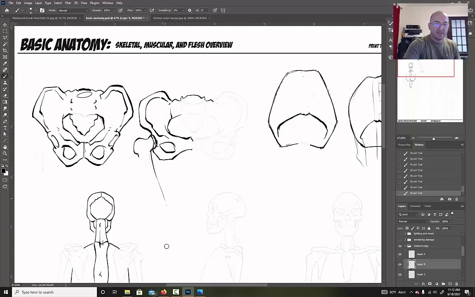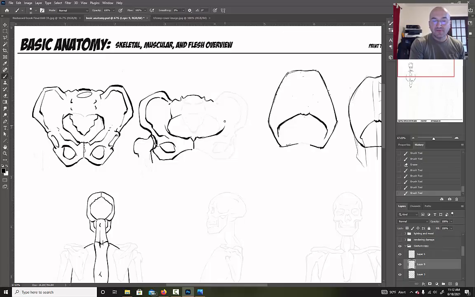So that's why you get that hourglass shape with women, because their hip bones are shorter and wider, and it puts the femur bone at a much steeper angle.